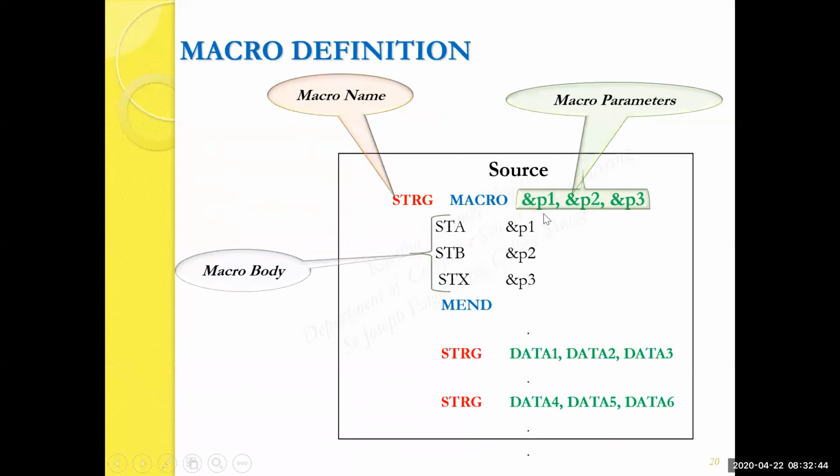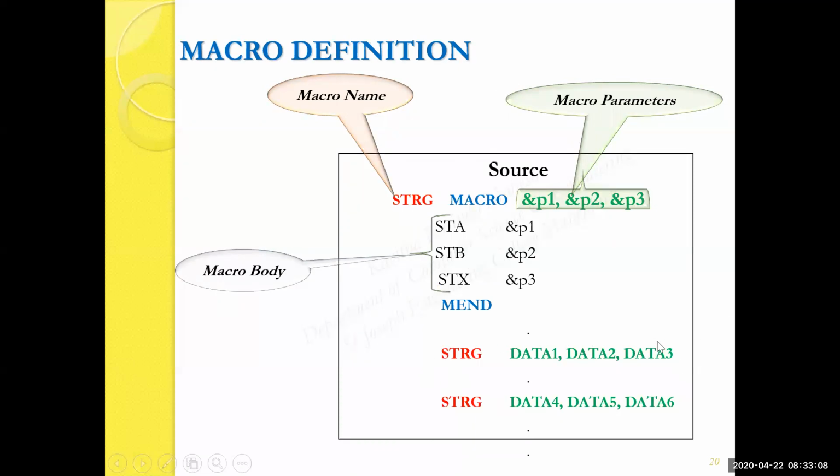While in the next example, the macro is invoked again with the name, but following the name, we specify the values that have to be replaced for the parameters P1, P2, P3. So this statement is referred to as a macro invocation statement or a macro call.